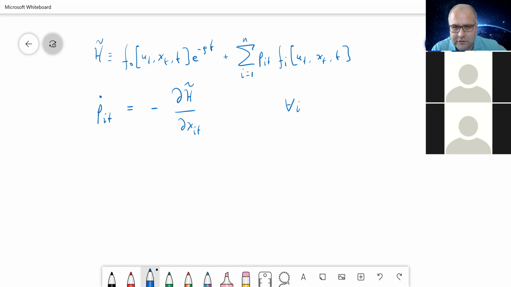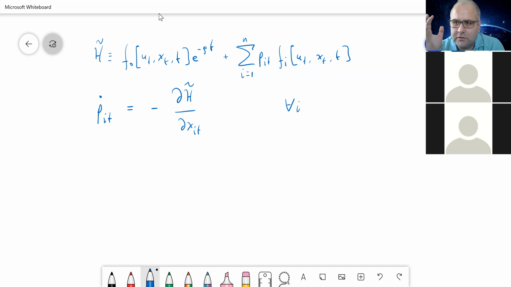Why must it be equal to this? Sorry, I can't hear that. So why should that change in value for resource i be equal to minus the derivative of the Hamiltonian with respect to this resource? If we consume more of the x_i(t), then x_i(t) will depreciate in value.